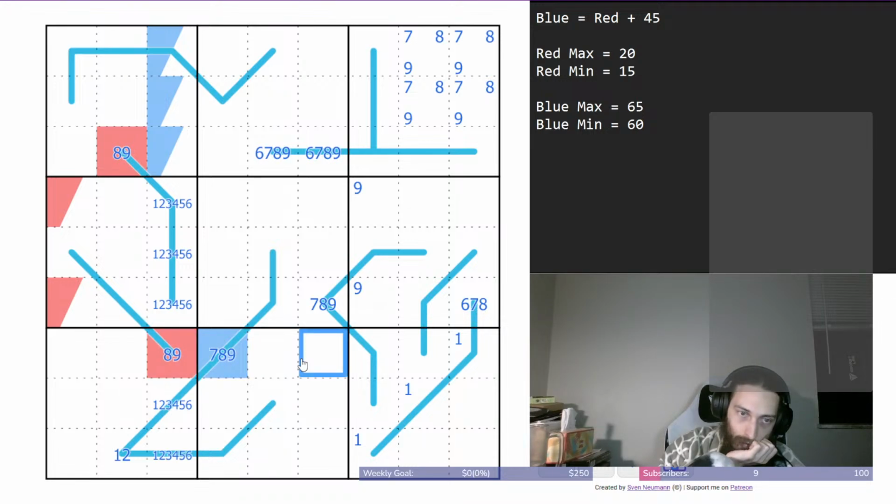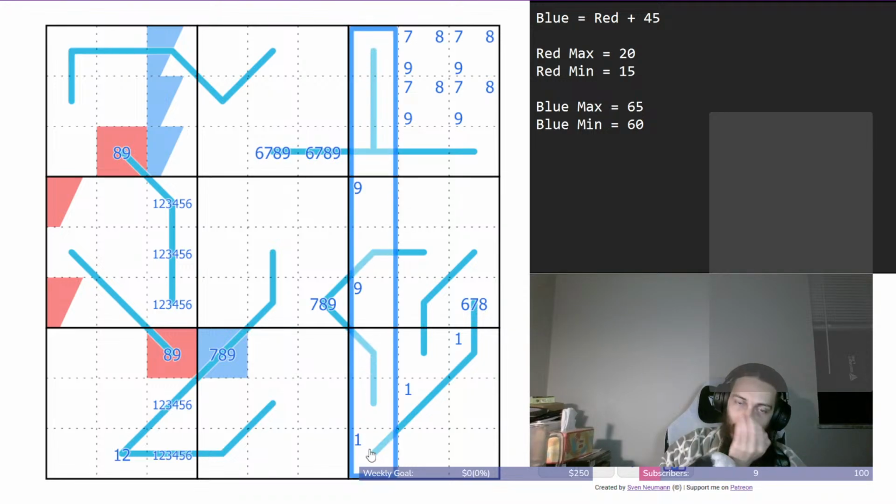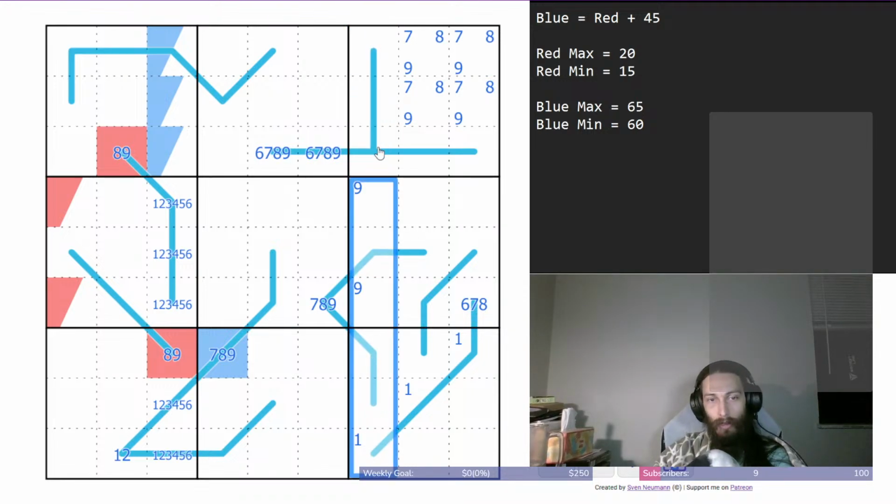And an 8 makes it a 9. Where can I put 8 in this column? It's clearly not there. Or there.